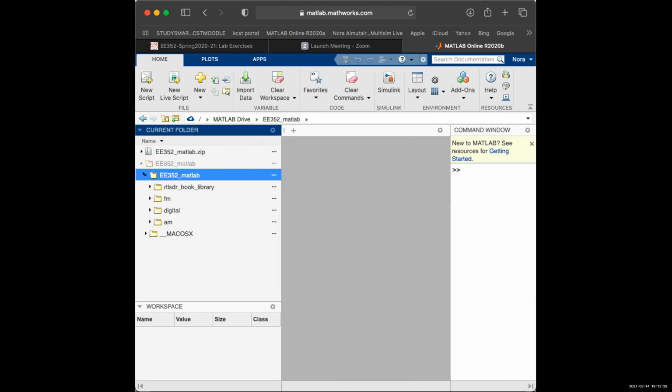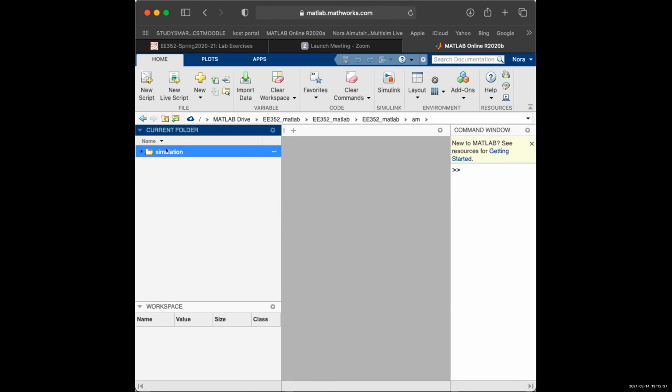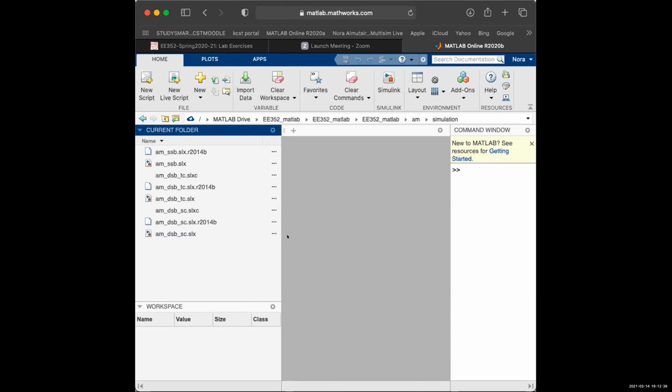Now it's working, right, doctor? Yes, it's okay. Now click on AM. Double click. Simulation, yes. And then click on AM. Down, you see these files, the files which have the extension SLX. We are using these files.